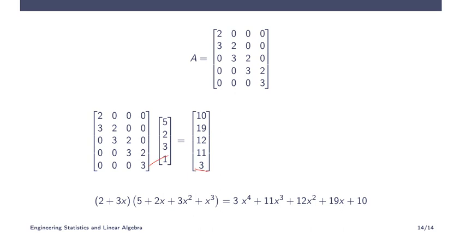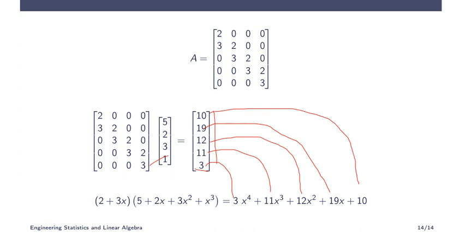So you get these values by multiplying. Check this one: this is the coefficient of x raised to 4, 11 is the coefficient of x cube, 12 is the coefficient of x square, 19 is the coefficient of x, and 10 is the coefficient of 1.